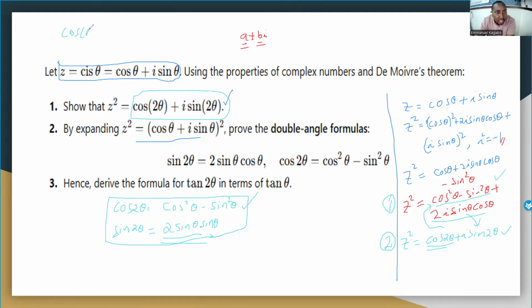cos(A + B) should be equal to cos A cos B, right?